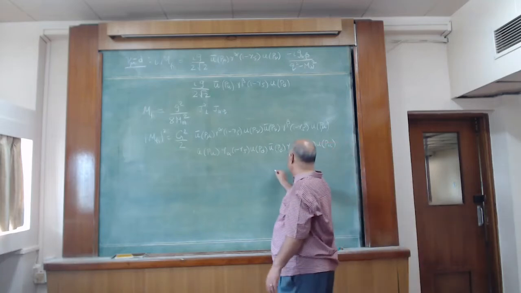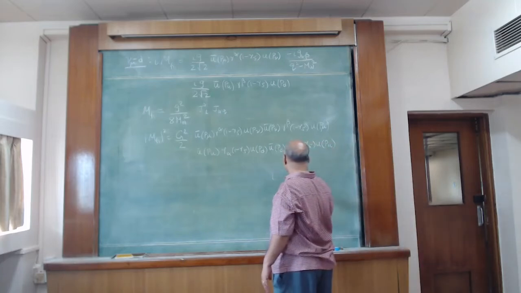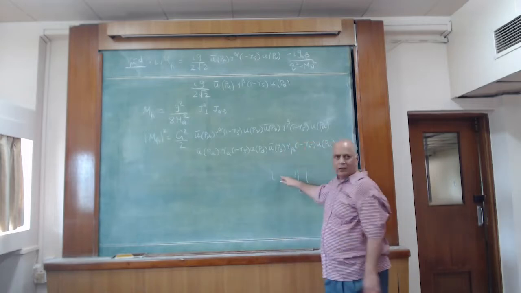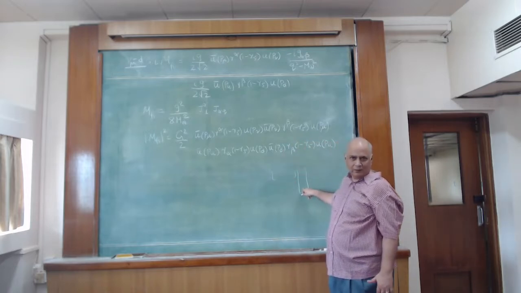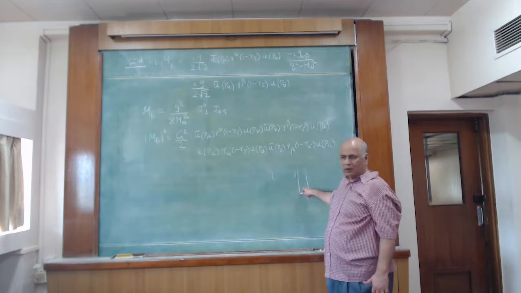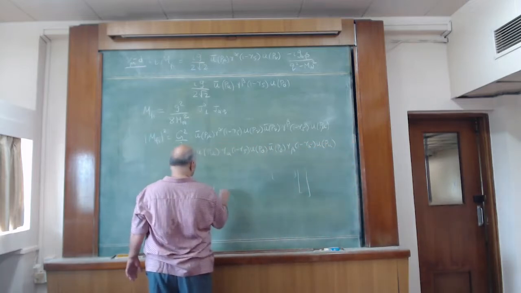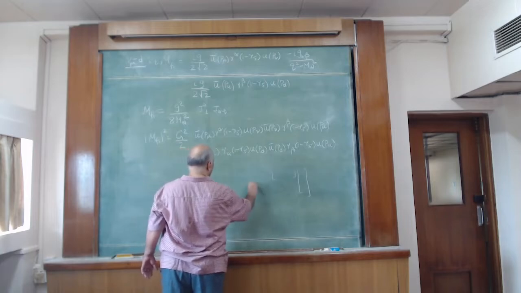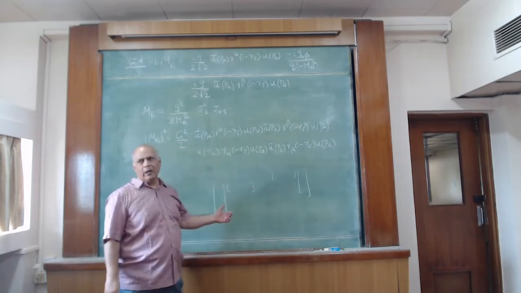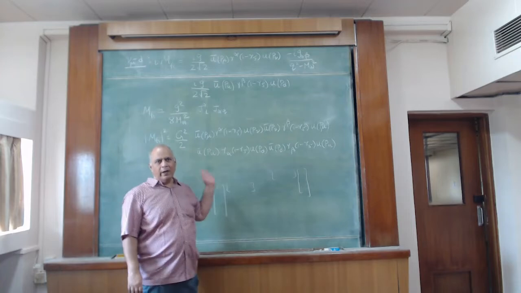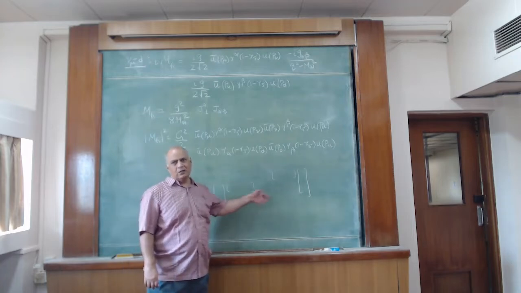What we are doing is taking a product of a row vector with a column vector. Instead of which, we are saying we'll take a product of a column vector with a row vector. I get a matrix and I take the trace of it. That is the same as this.